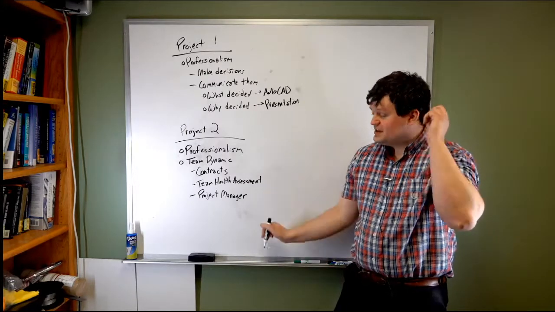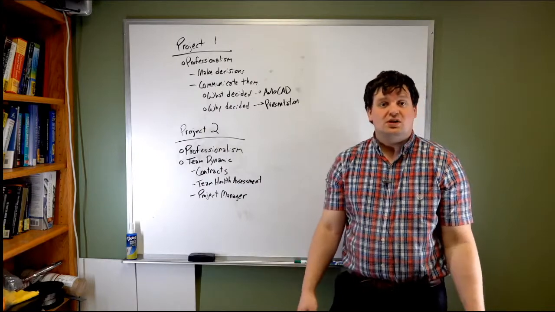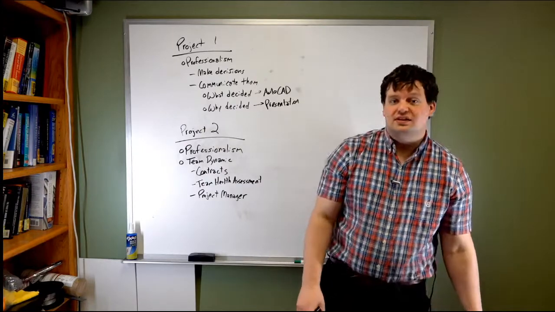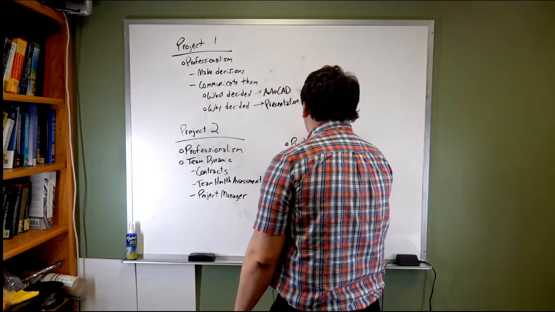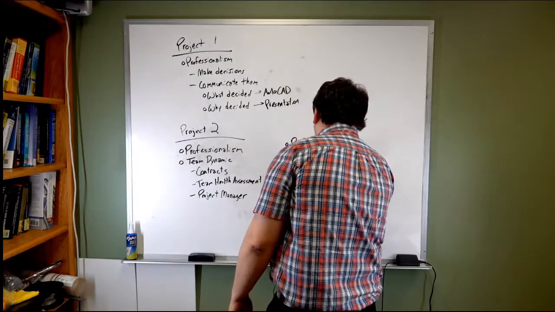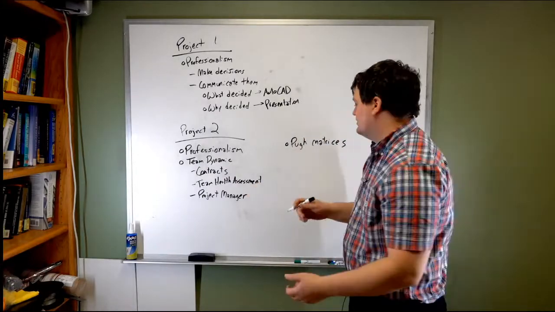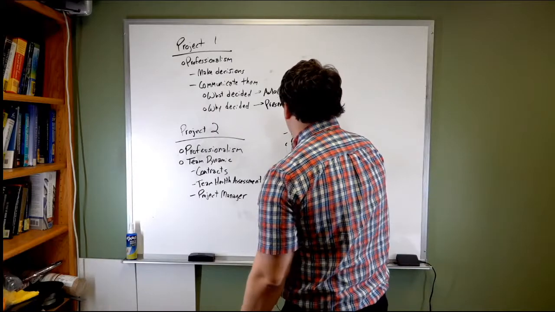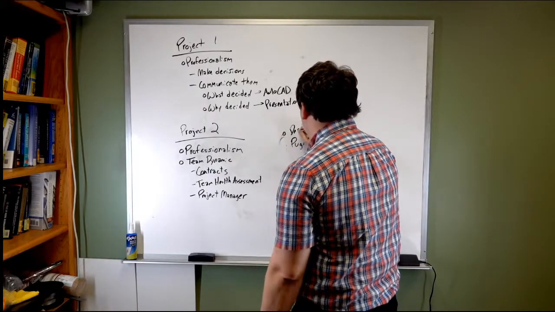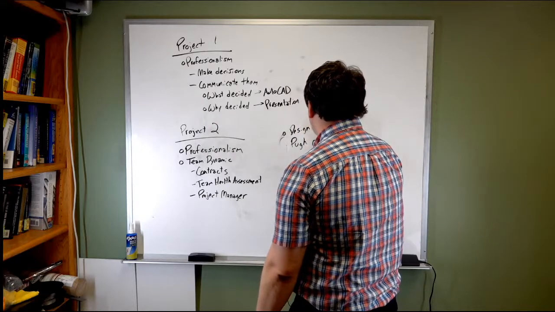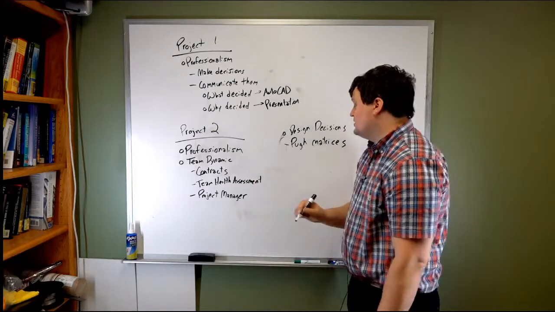In addition to this, though, we're going to have a few other pieces that we're going to really play around with. First of all, I'm going to expect you to talk a lot more about the actual design decisions that were made. Okay, one of those aspects is Pugh matrices.